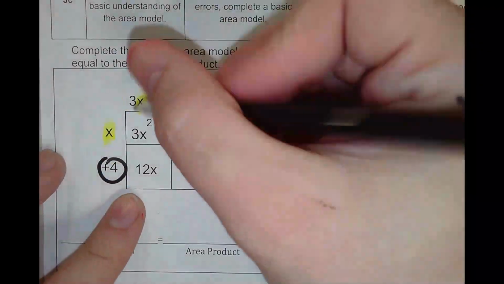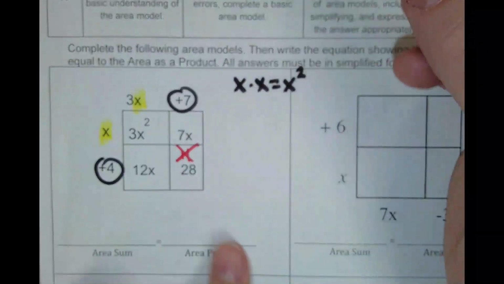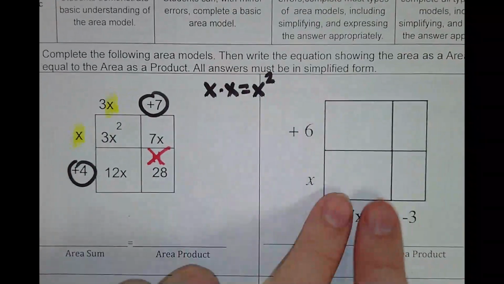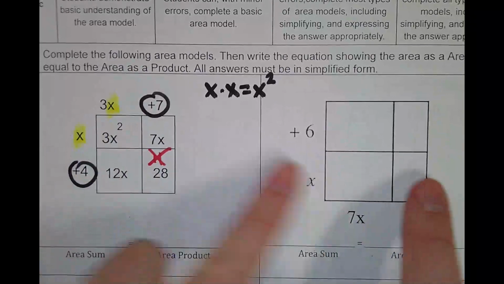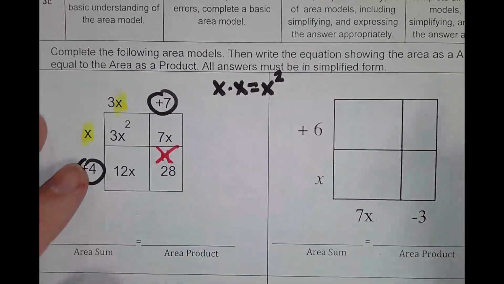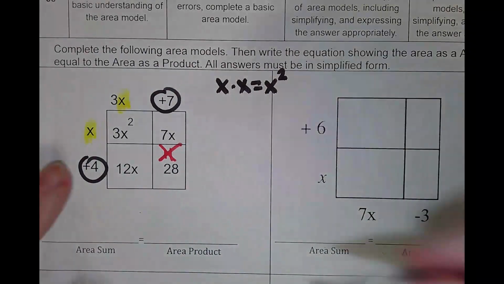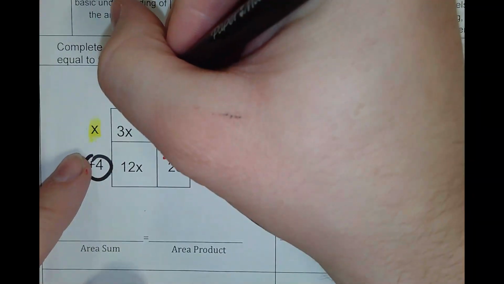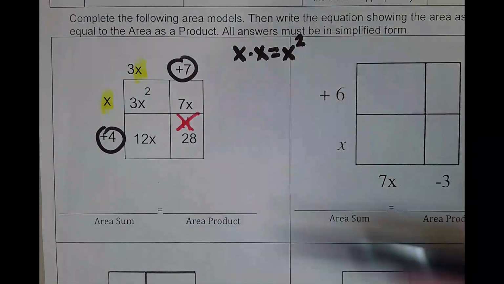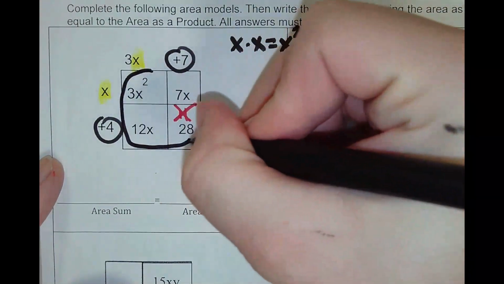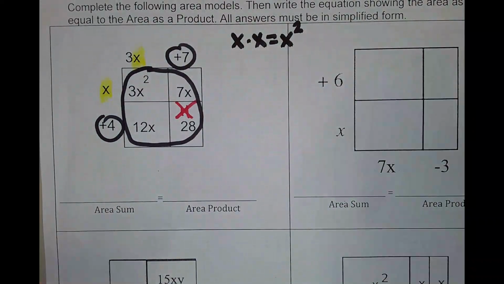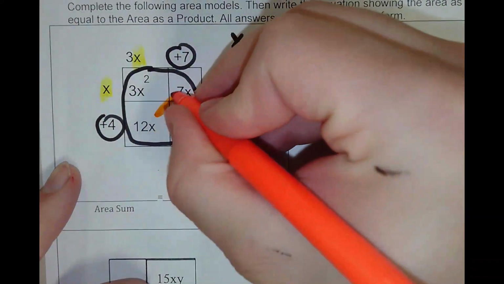For this first one, it is already done for us. So the area model is already done for us, which is good because it's a reminder of how to do area models if you're stuck. So compare these and you can see exactly how an area model works. So for the area sum, it's just going to be adding up all 4 of these terms together. The only thing is we're going to add the like terms.